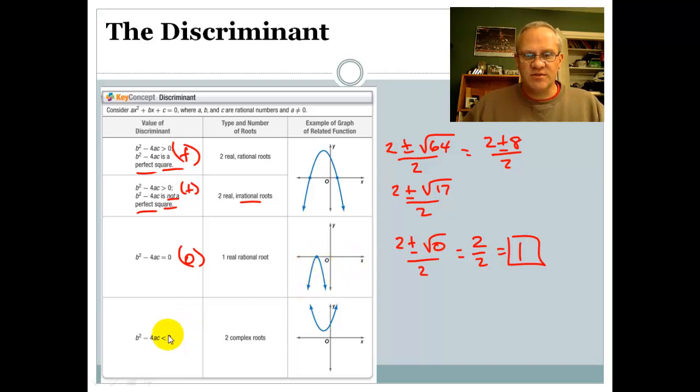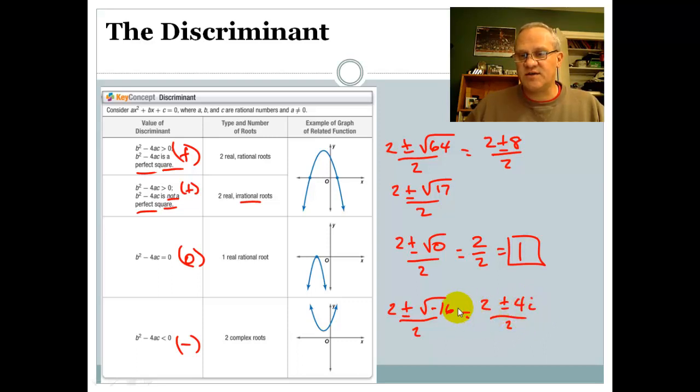And then the last one, if it's less than 0, basically that means if it's negative. Anytime you've got a negative square root, it's always going to be an imaginary number, which means 2 complex roots. So let's say you had 2 plus or minus the square root of negative 16 over 2. Well, this would simplify to 2 plus or minus 4i over 2.